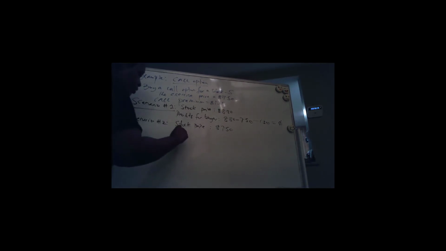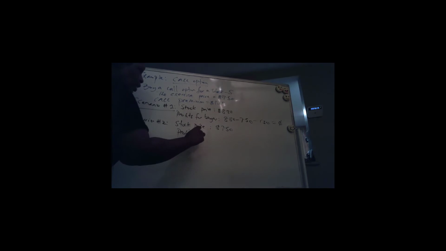Okay? Let's look at another scenario. Let's look at scenario number 2. And let's say the stock price is $7.50. So the price on the stock market is $7.50. What's your profit now?